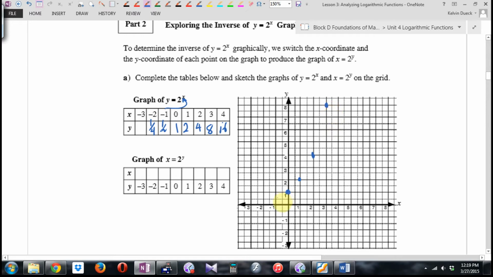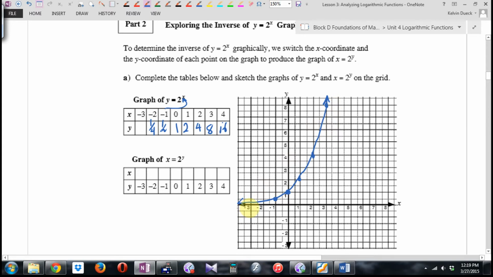And negative 1, they gave me a half high. I can certainly graph that one. If I connect the dots, we get the exponential graph. Every single exponential graph looks like that.